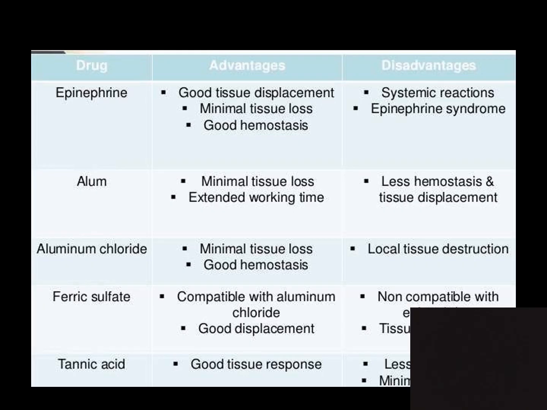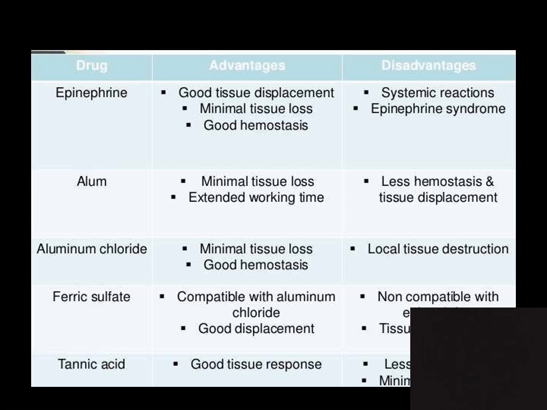The common drugs used in the retraction cord are epinephrine, alum, aluminum chloride, ferric sulfate, and tannic acid. Ferric sulfate is compatible with aluminum chloride and gives good displacement. Alum has minimal tissue loss and an extended working time, whereas epinephrine gives good tissue displacement, minimal tissue loss, and good hemostasis. Tannic acid also gives a good tissue response.